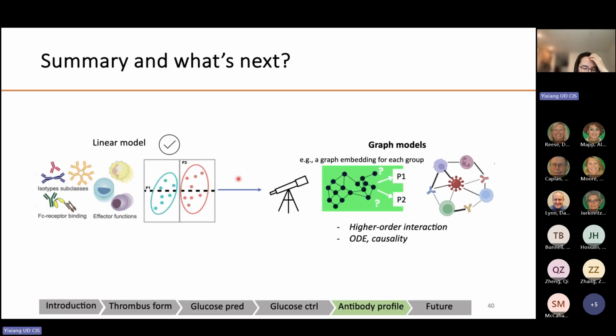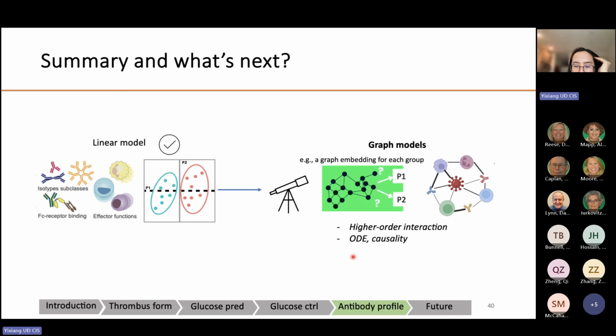So in summary, I've shown you how a linear model can be used to analyze this high-dimensional omics data for antibody profiling. The next step is a graph model, which embeds higher-order interactions among different entities of our immunology data, and that will be very interesting to me.